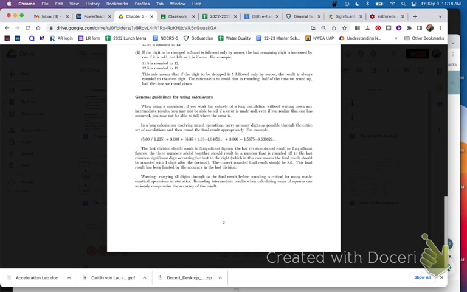So if you type a whole long string equation into your calculator, you're going to come out with something that's rounded differently and probably incorrectly than what I'm going to have you do. The way you can avoid this and still use a calculator is to break it down into steps, run each of those steps in your calculator, keep as many decimal places as you can, and then round at the end.